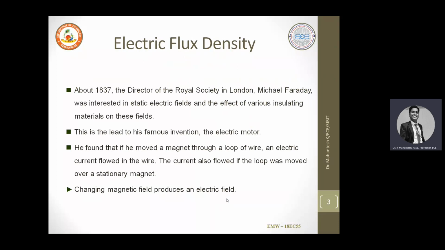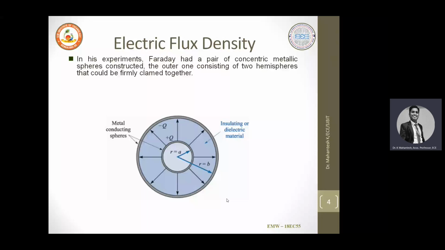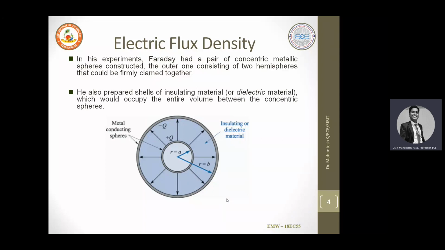In his experiments, Faraday had a pair of concentric metallic spheres constructed, the outer one consisting of two hemispheres that could be firmly clamped together. He also prepared shells of insulating or dielectric materials which would occupy the entire volume between the concentric spheres.